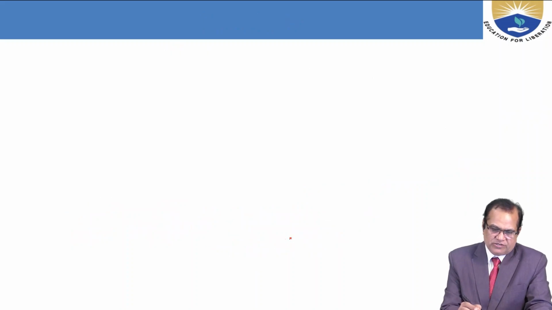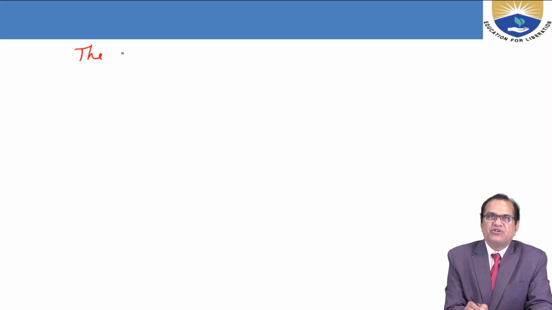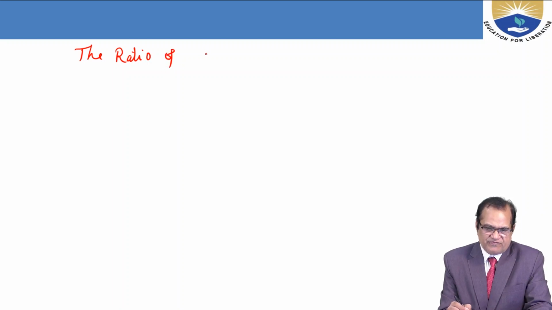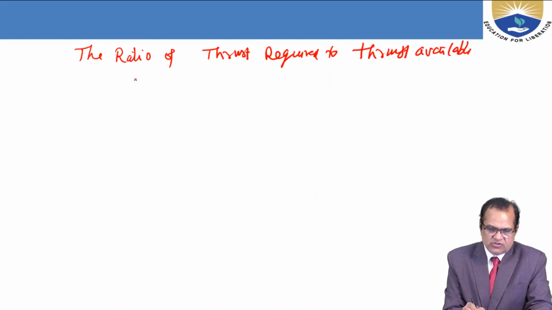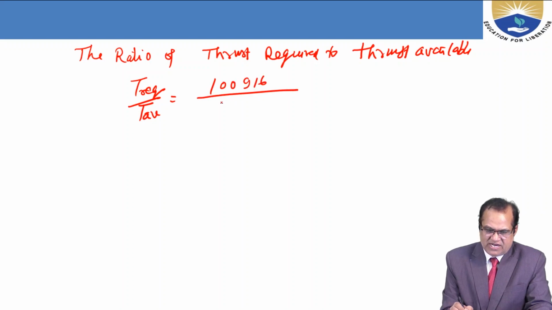Now we have to find out the ratio of thrust required to thrust available. So T required by T available is equal to 100,916 divided by 474025.